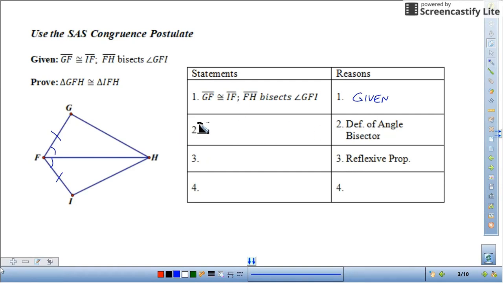So that second statement is that angle GFH is congruent to angle IFH. And that's simply the definition of an angle bisector. If that segment is bisecting the angle, it's going to form two congruent angles.